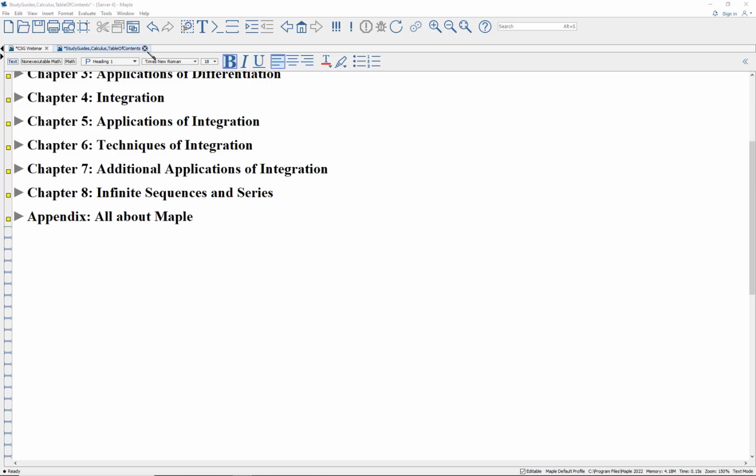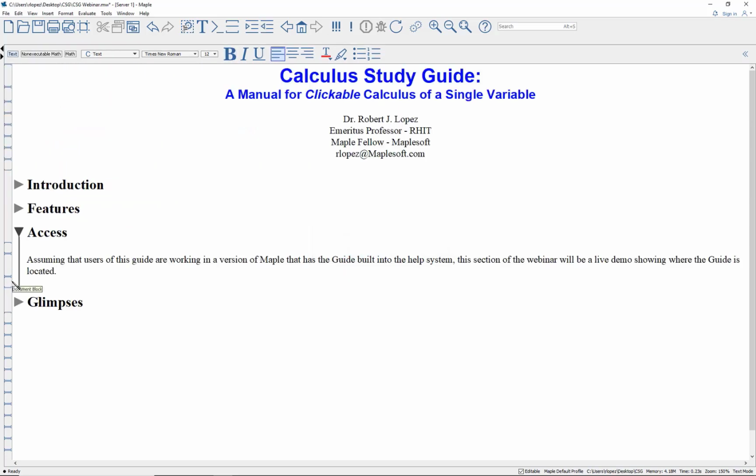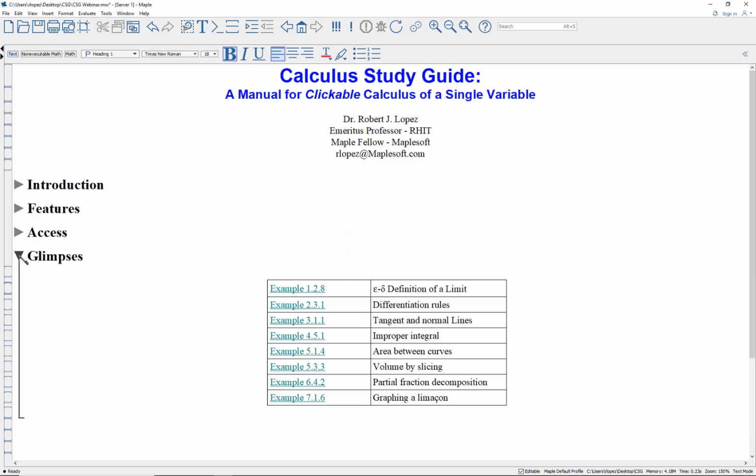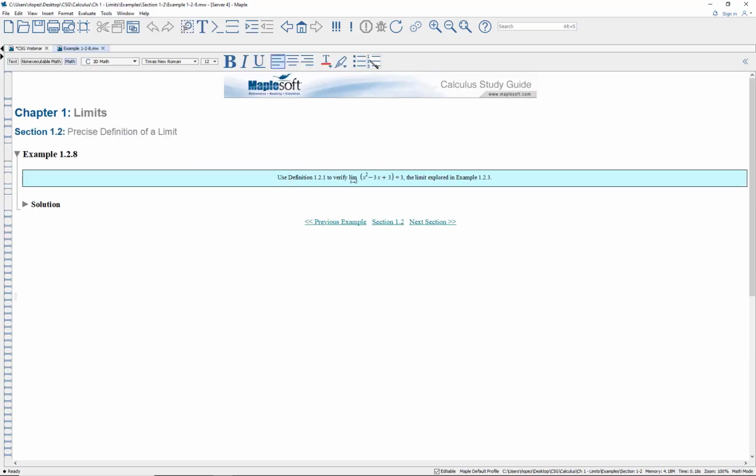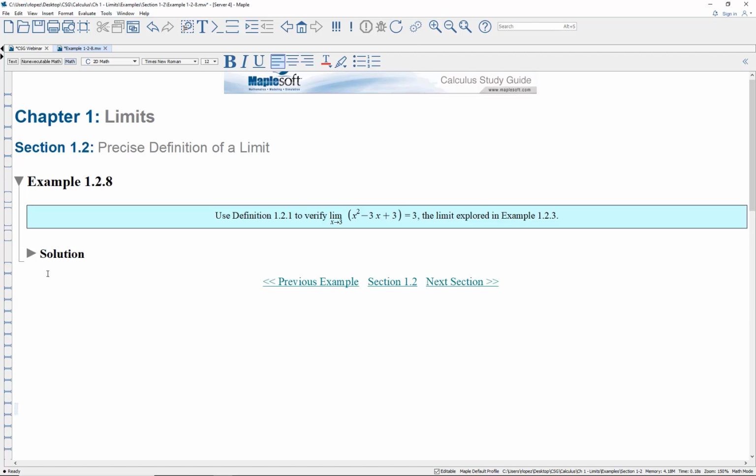Now let's take a look at some of the examples that I've prepared. I've got them in a little table hyperlinked so I can get right to them. So I'm going to do this epsilon delta definition of a limit first, because it's an example that shows just how different an ebook is from a paper book. So I have this function, and I'm going to use the formal definition of a limit to show that the limit of this expression, as x goes to 3, is 3.